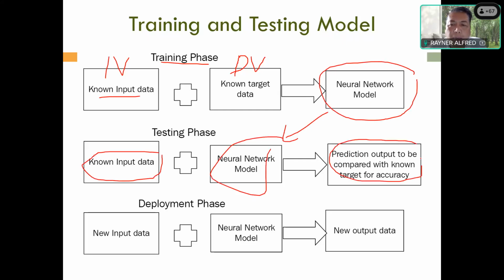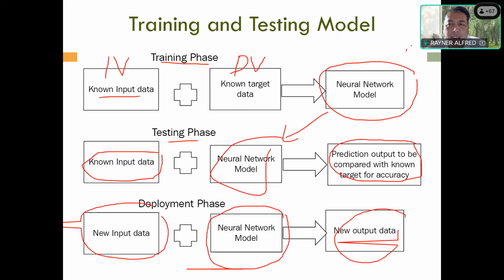You want to compare with the actual data that you have. So in the testing phase, you compare the predicted values versus the actual values, and so we have the accuracy. Once we have tested them to get the best setting, then we can deploy them. We build a GUI for this neural network, and given a new input, it will produce the output. So this is the big scenario that you need to go through.